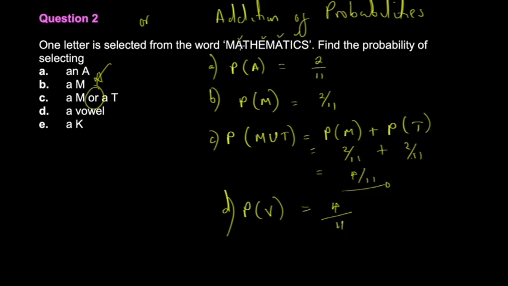Okay, so vowels, it's A, E, I, O, U. That's stuff we used to do in primary school. So 1, 2, 3, 4. So it's just 4/11. And then E, the probability of getting a K. You can pause this video and see whether you'll be able to find it. Here you don't have any K, so it's just 0. Okay, so that's it. You read 0/11, which is 0.